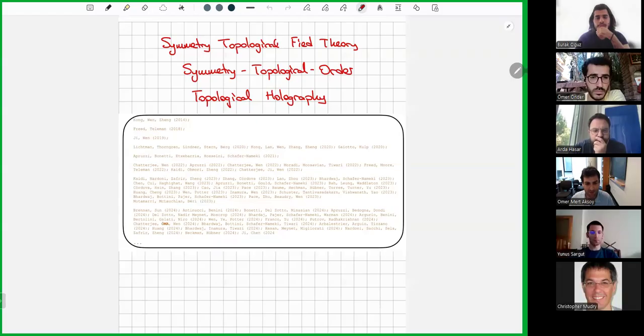And I believe that in the past 7 months, there were even more papers than the last row here. So I don't claim that it's complete, but I'm just flagging that, and also to showcase that this is a growing field in high energy physics, mathematical physics, condensed matter physics, quantum information, all that. That's why it has also many names.